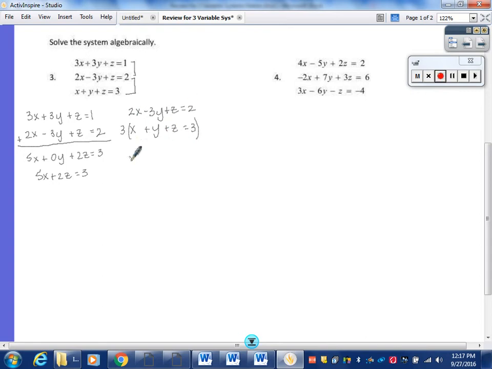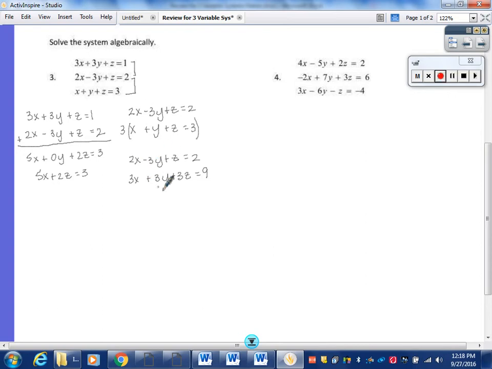So I'm going to rewrite the system. 2x minus 3y plus z is equal to 2. And I'm multiplying this entire equation by 3, so this is 3x plus 3y plus 3z is equal to 9. And now I've got what I call equal but opposite y's: one's negative, one's positive.